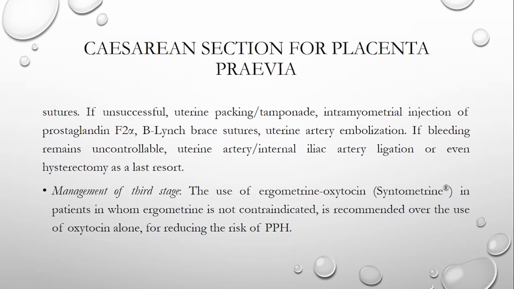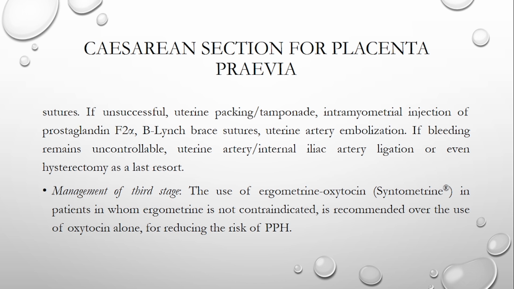If that oversewing does not stop the bleeding, then one can use intramyometrial injection of prostaglandin F2 alpha, or B-Lynch brace sutures, or if possible, use uterine artery embolization.